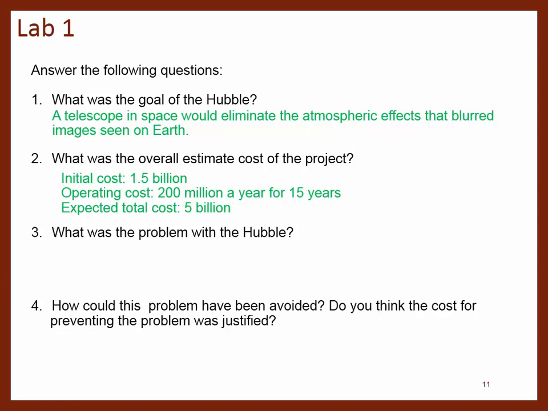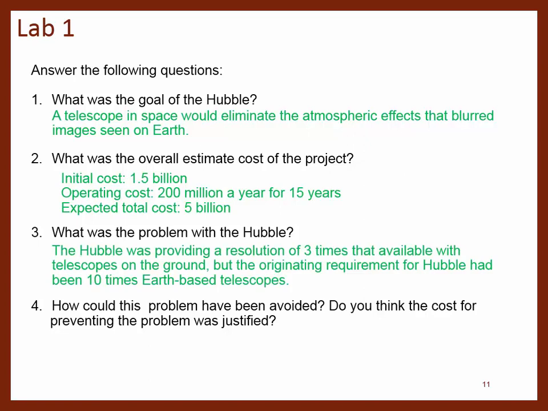What was the problem with the Hubble? The mirror was too far. Yes. There was a problem with the mirrors. The Hubble was providing resolutions of 3 times that available with telescopes on the ground. But the originating requirement for the Hubble was being 10 times Earth-based telescope. So it was not delivering the actual goal.